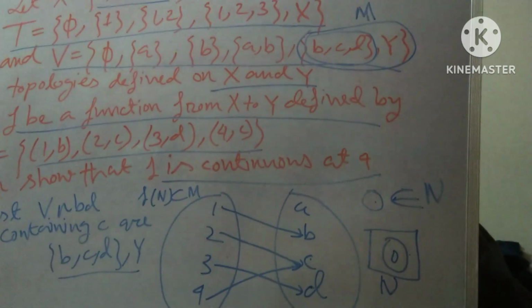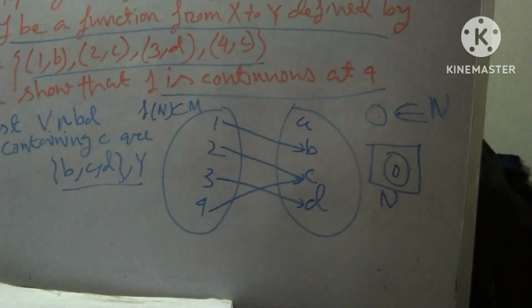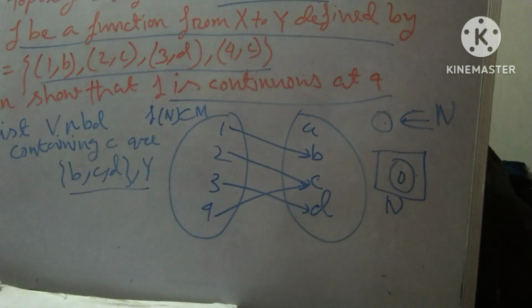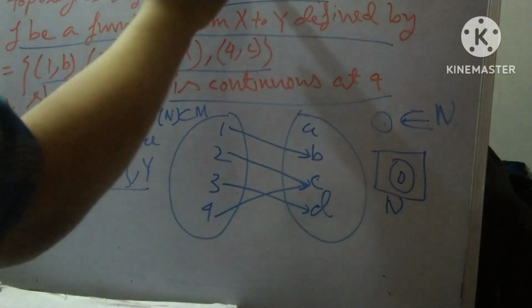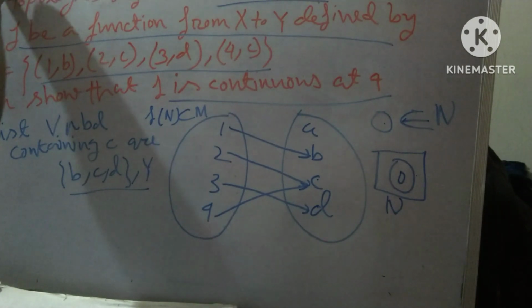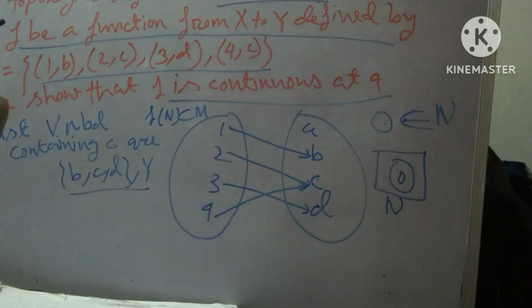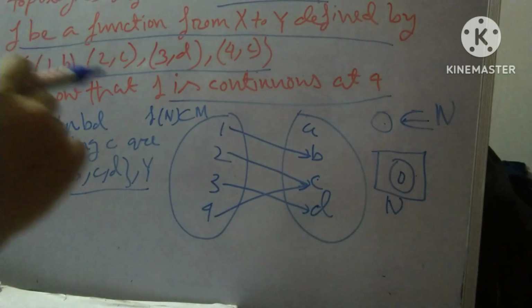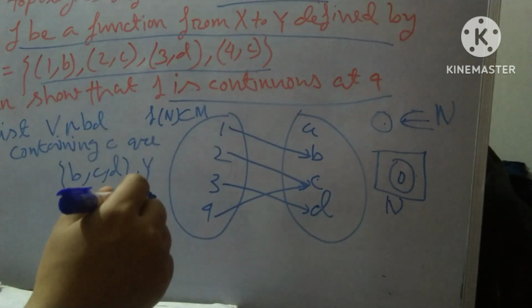And capital N is a T-neighborhood. The T-neighborhoods are {1, 2, 3, 4}.